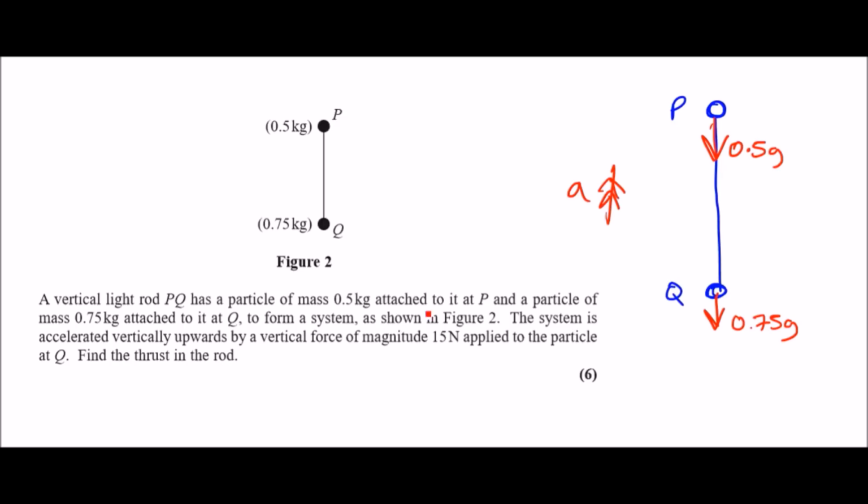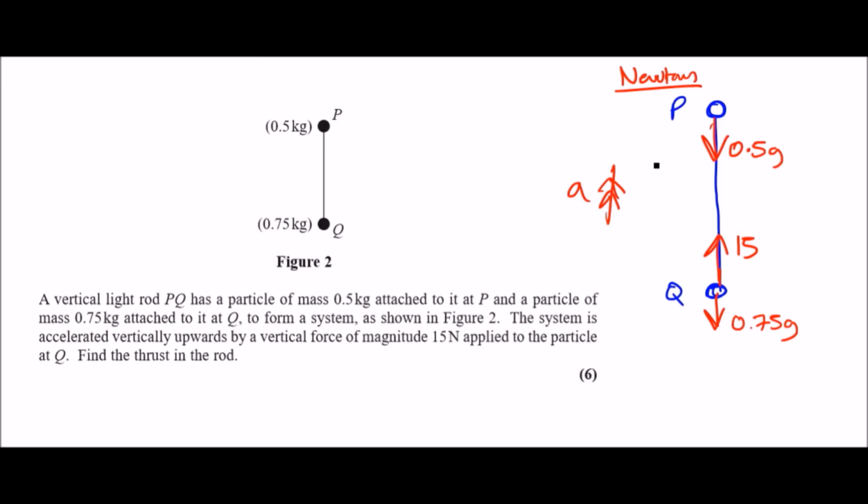And there's a vertical force of 50 newtons applied at Q, so it would be here, 50 newtons. And of course, we always work in newtons. Now, we need to find the thrust in the rod. In case we forgot, the thrust works like a compression or a push. So it's like a push at Q, meaning that there is going to be some form of compression involved at P.